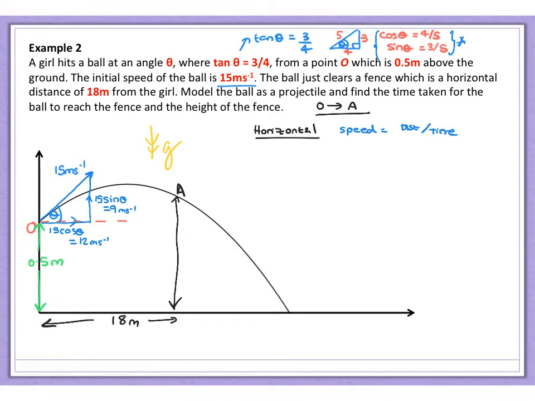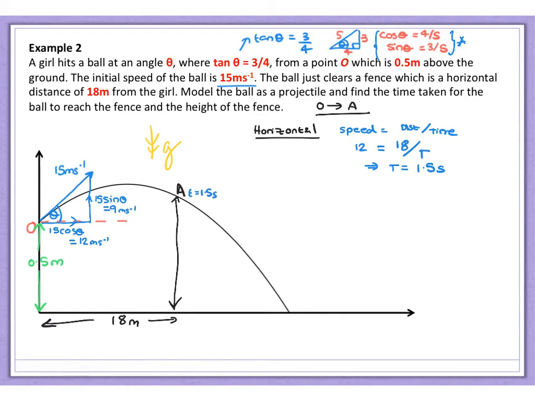The constant speed is equal to 12, and the distance from O to A we know is 18, so we can divide that by the time, and we can work out that the time comes to 1.5 seconds. So at point A, time is 1.5 seconds.